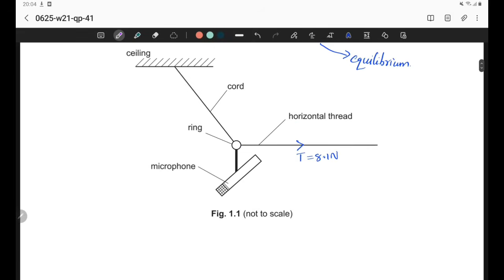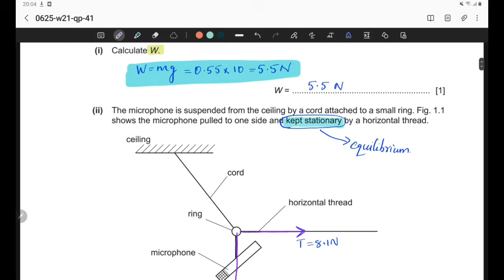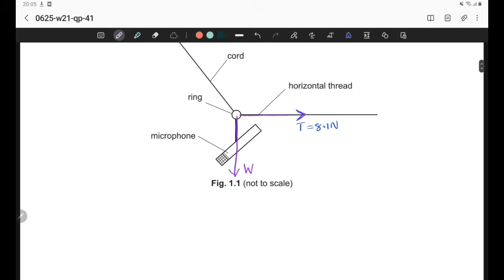Here we can see the tension acting horizontally towards the right, which is 8.1 Newton, and weight will definitely act downwards towards the ground. Weight we have already calculated, that is 5.5 Newton, vertically downwards, and tension, 8.1 Newton, horizontally towards the right.